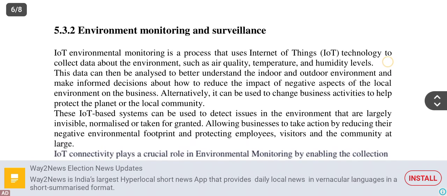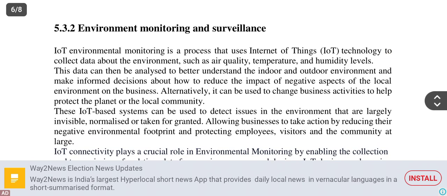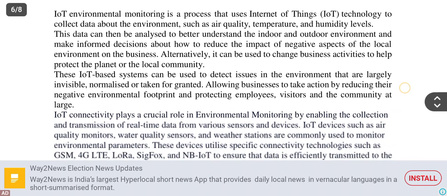The next one is environmental monitoring and surveillance. IoT environmental monitoring is a process that uses IoT technology to collect data about the environment such as air quality, temperature, and humidity level.